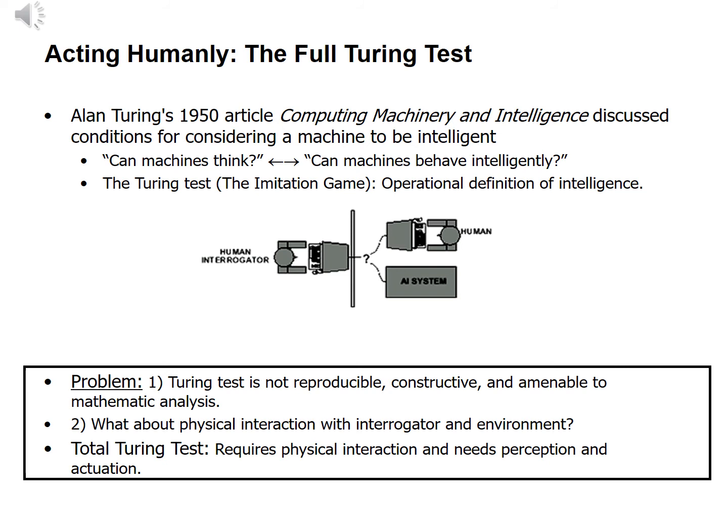Now, there is a weak point of the Turing test, and the problem is that it is not reproducible, it is not constructive and amenable to mathematical analysis. Therefore, it leaves the decision to the human interrogator, and basically it is not quantifiable, let's say.